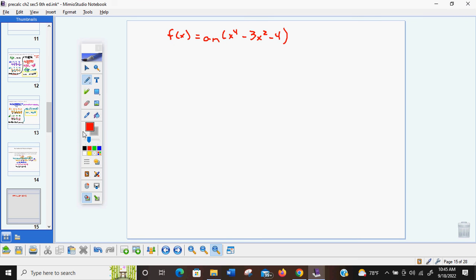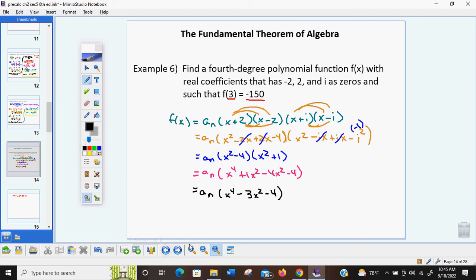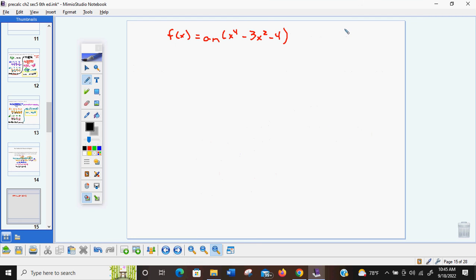Now we're also going to use the hint they gave us on the page before. f of 3 equals -150. So that means, when this is -150, all of those x's are 3.